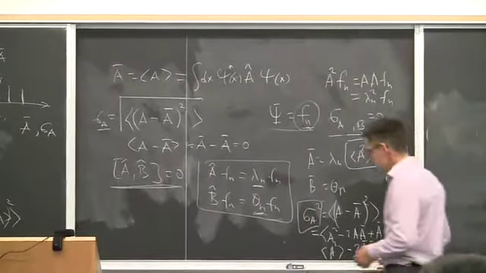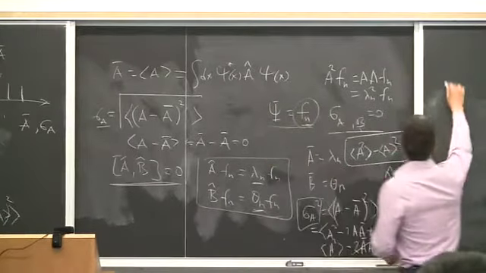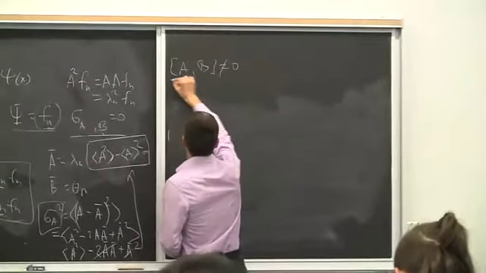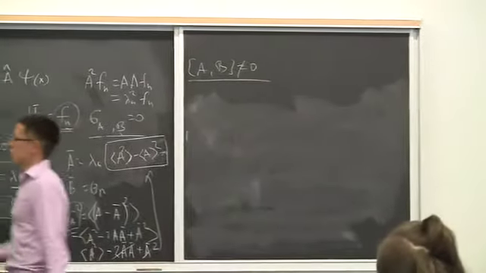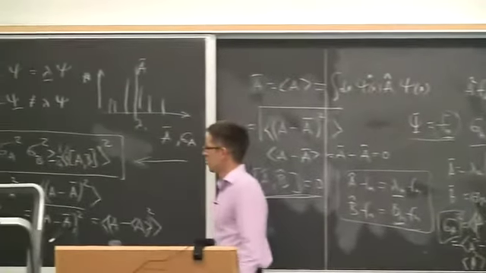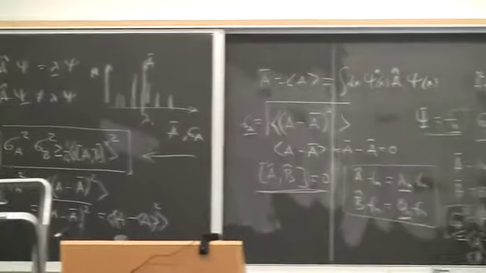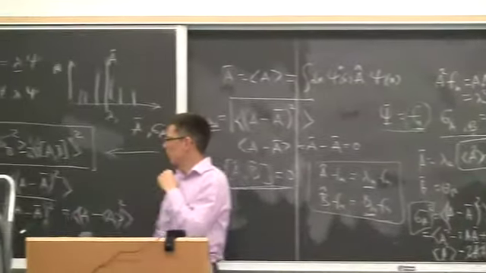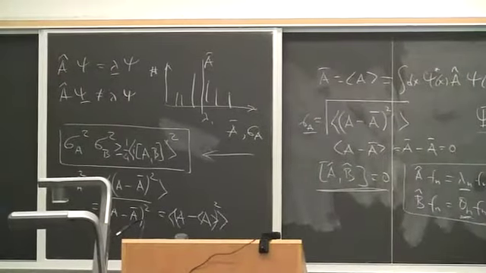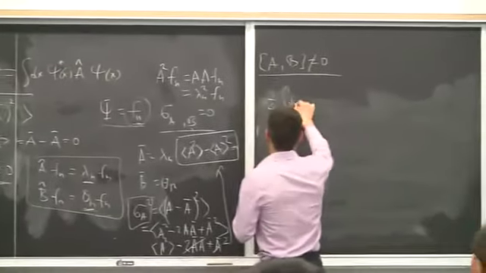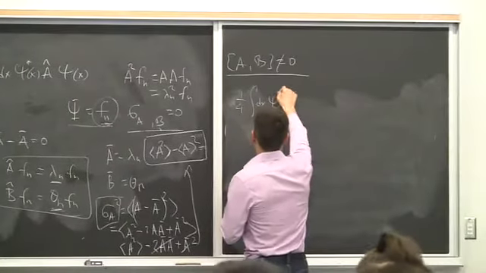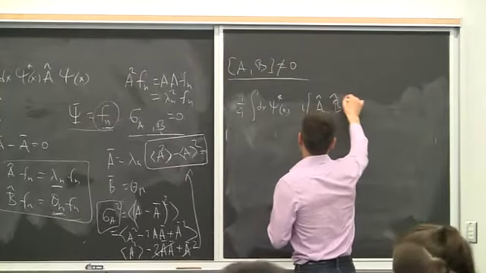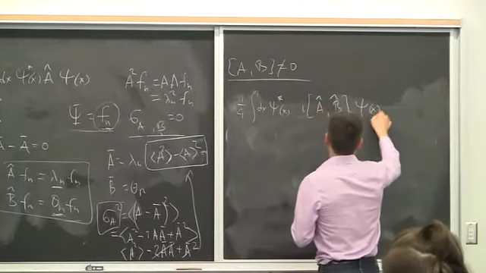Now, the situation when A and B do not commute, we have this useful relation where we can estimate the deviations for A and B based on this quantity, one quarter of the integral over dx of phi of x, and then there will be i times the commutator of A, B, phi x.